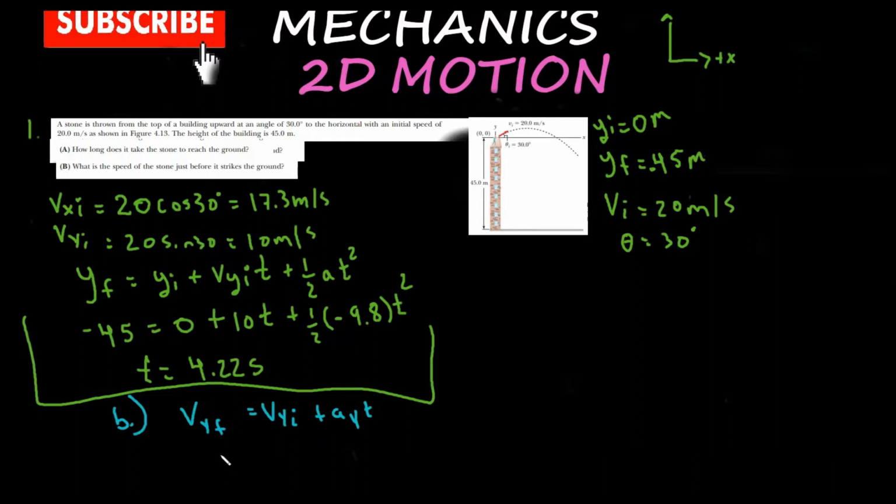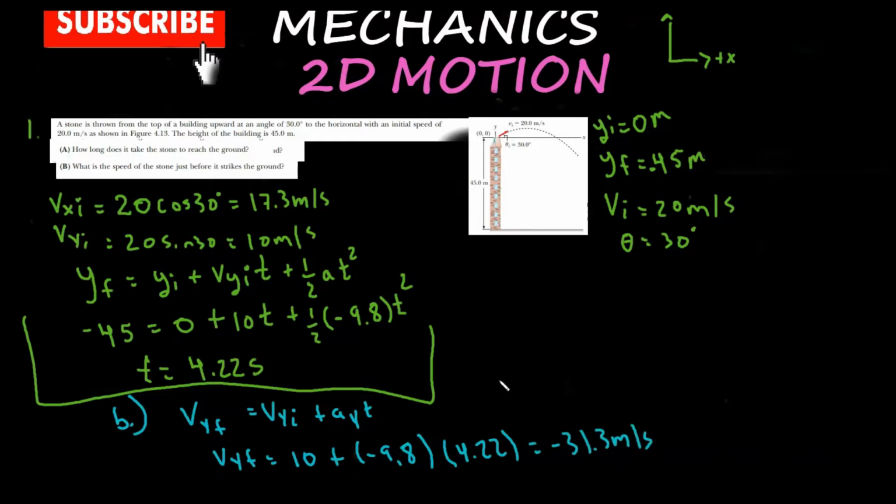So we plug it in. We know our velocity in the y is just 10, plus the negative 9.8 meters a second squared times our new time that we just solved for, 4.22. We get a value of negative 31.3 meters a second.